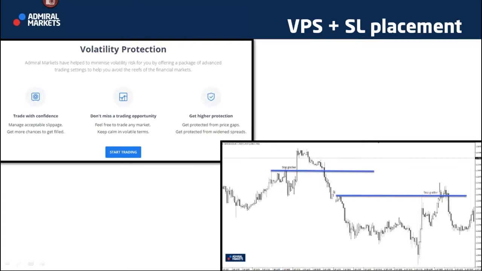So from my perspective, when I'm looking at waves and fibs, and I would be looking for a reversal somewhere in here, right? And I put the stop loss above it, it makes sense, because that is my invalidation level.